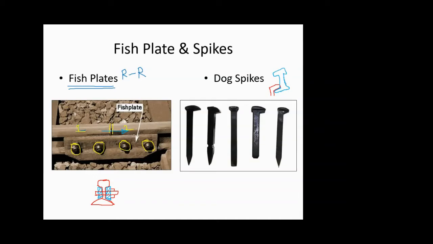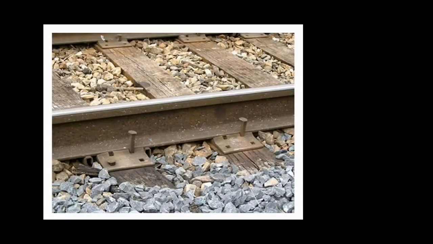Don't look closely at the shape of the rail, it's just something I am trying to draw with the pointer, but understand the concept that the foot of the rail is held by this head of your dog spike. The same is shown here, you can see.